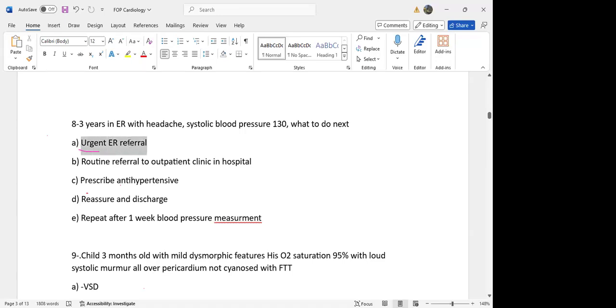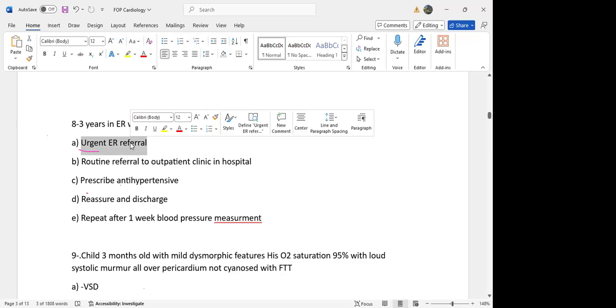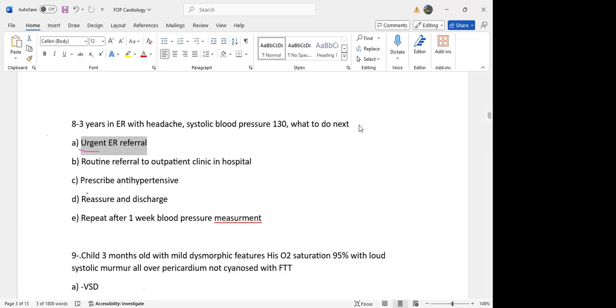Before admission, or ER referral, you keep the child under observation in ER. Maybe you need to repeat the blood pressure accordingly, but you cannot leave that child at this moment, because this child is presenting with symptoms.